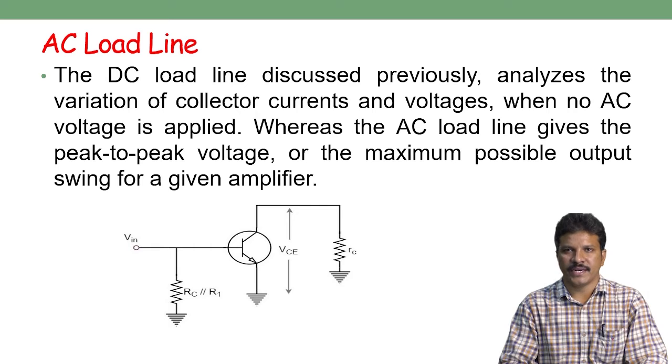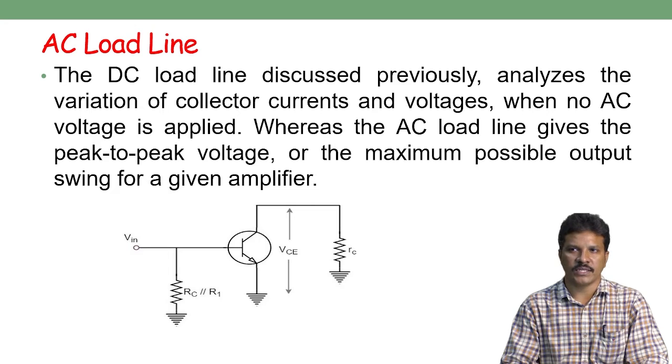In contrast, the DC load line, which we discussed in the previous section, analyzes the collector current and voltages when the AC voltage is absent. When we apply the AC voltage, we get a load line which gives the peak to peak voltage, or the maximum possible output swing for a given amplifier.